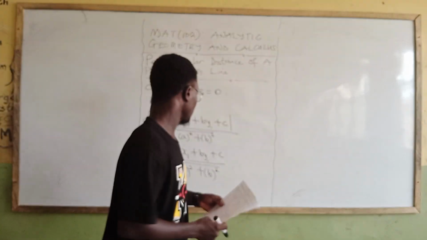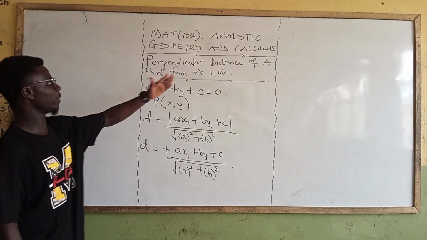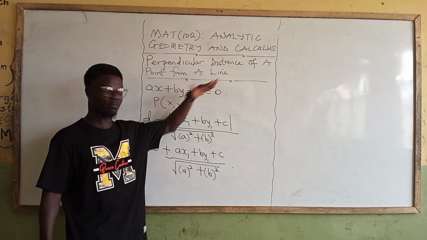So this is the formula for calculating the perpendicular distance of a point from a line.